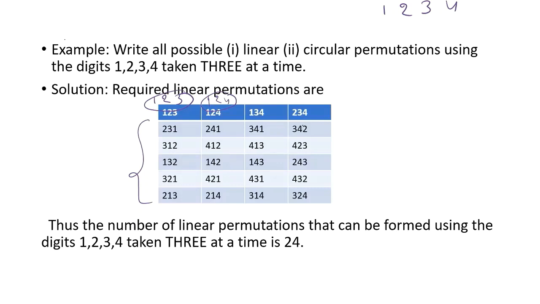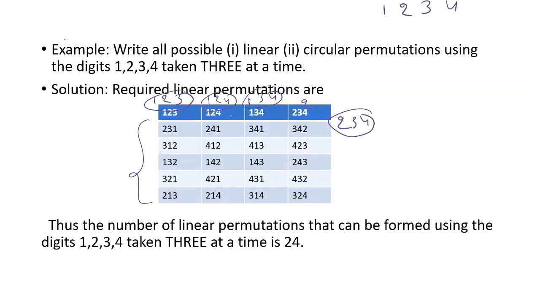And similarly, you can write down the remaining 6 and 6. By taking 1, 3 and 4, you will get these 6 linear permutations. And the remaining is 2, 3, 4. If you take 2, 3, 4, these are the 6 linear permutations that you are going to get.